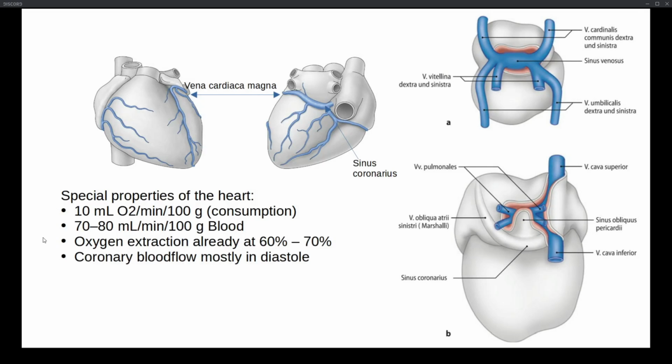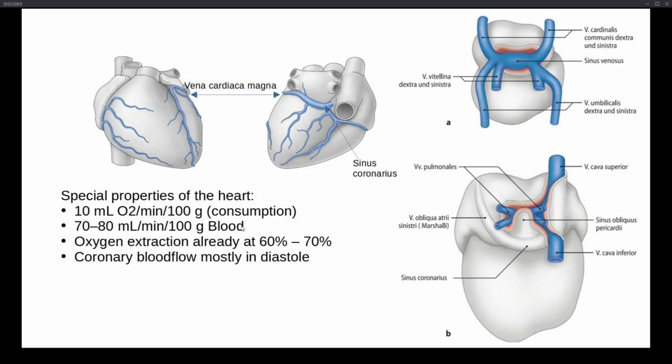And on the final bits, this is something that is quite special about the heart. It has a quite high consumption of oxygen, especially if you are currently working out. And the problem is that the oxygen extraction of the heart muscle is already very high. 60 to 70% is very, very high for any tissue.